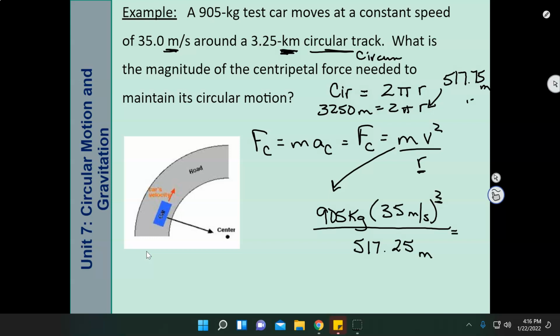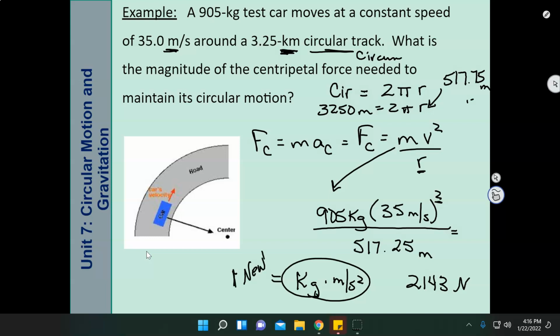Okay. When we get this, I got an answer of 2,143 newtons. Really, our units come out to be a kilogram times meter per second squared, and a kilogram times a meter per second squared is known as 1 newton. So that's our unit for force.